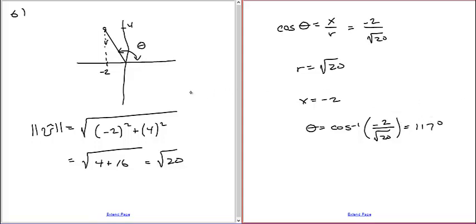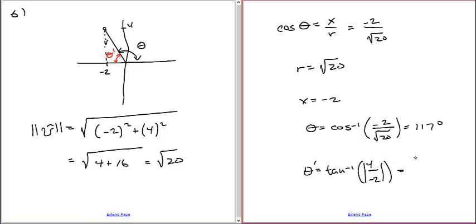Now, that works with the cosine in the first and second quadrants, but that's not really completely generalizable. Probably the more general way of doing this would be to find this reference angle, and I could use the inverse tangent. I could say that theta, the reference angle, is the inverse tangent of the y change, the absolute value, 4 over -2.